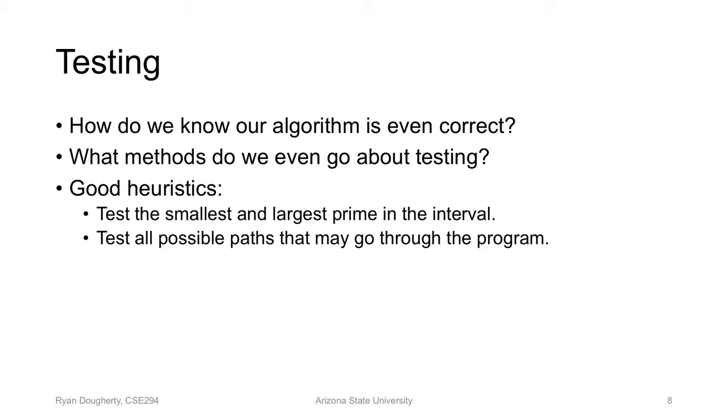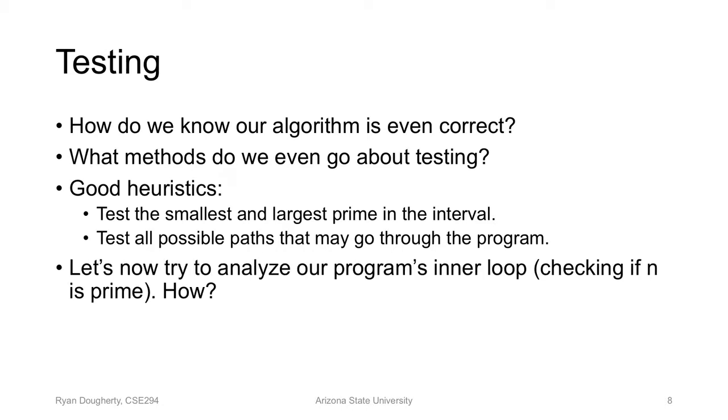I think this is what is called the cyclomatic number for a particular program, which is basically the number of possible paths that can go through the program. For an if statement, you can either go into the if statement or not. So all the possible paths, just test each one. If each one succeeds, then that's another good heuristic.